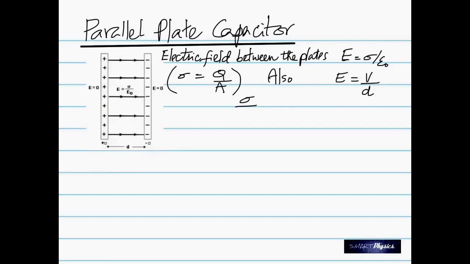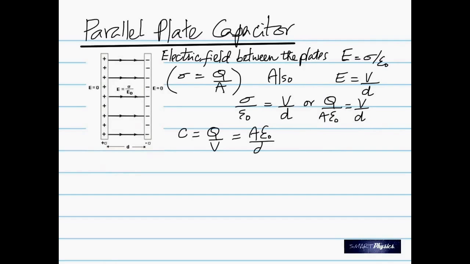So putting these two equations equal to each other, and then substituting for sigma as Q by A epsilon naught, you get this equation, and of course you can divide Q by V, and you just got to divide A epsilon naught by D. But Q divided by V gives you capacitance, and therefore you get the formula for the capacitance of the parallel plate capacitor: A epsilon naught by D.